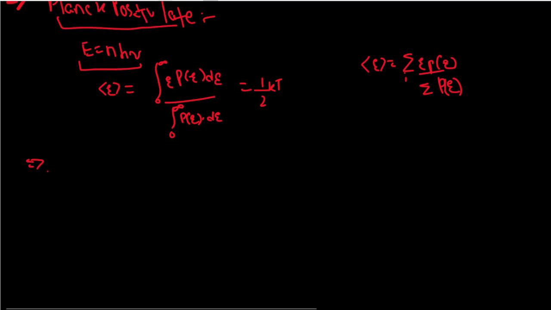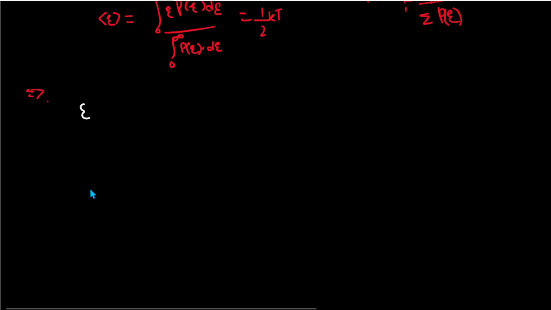So let me choose another pen. Okay. Average energy of each Planck oscillator, let's say epsilon, is equal to the total energy divided by the number of Planck oscillators. So what is the number of Planck oscillators?